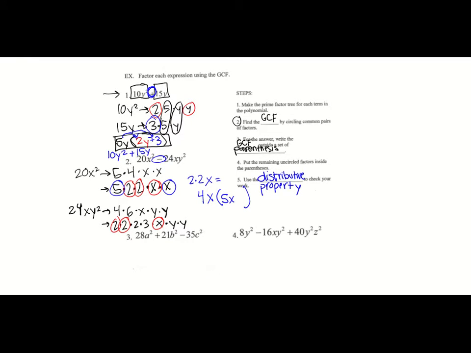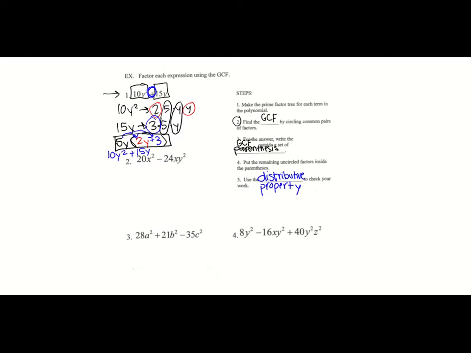And I've got a subtraction sign in the middle now. And then I have 2 times 3 times y times y. 2 times 3 is 6. And I need a little more space in my parentheses. 6. And y times y is y squared. So this is my greatest common factor for number 2.